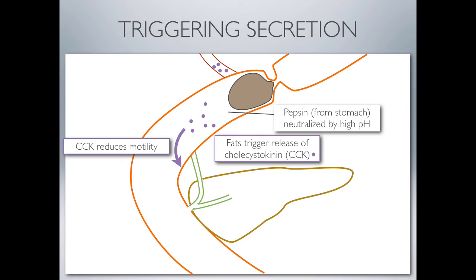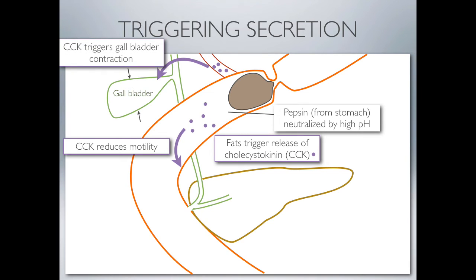So I mentioned that the liver plays a role in fat absorption. And the way that it does that is through bile salts. The liver secretes bile salts, and they're held within a bladder, a muscularized sac. And that bladder, like everything else here, has a smooth muscle lining.